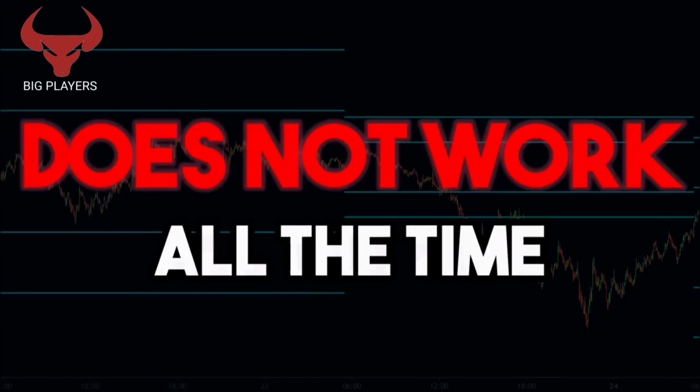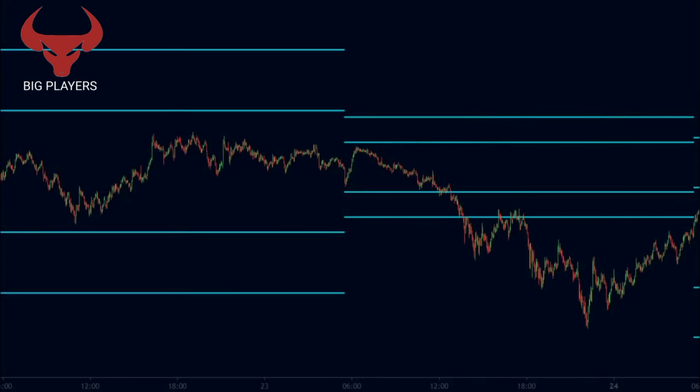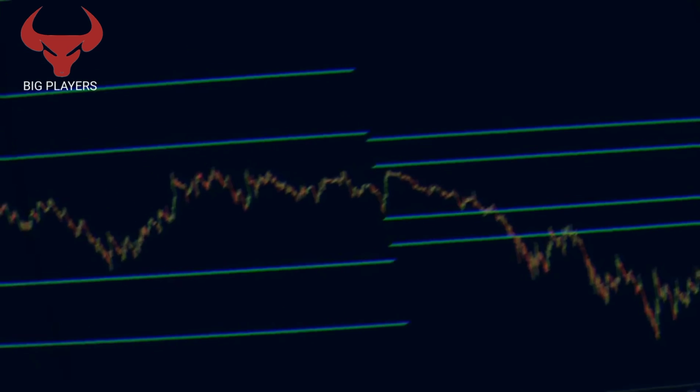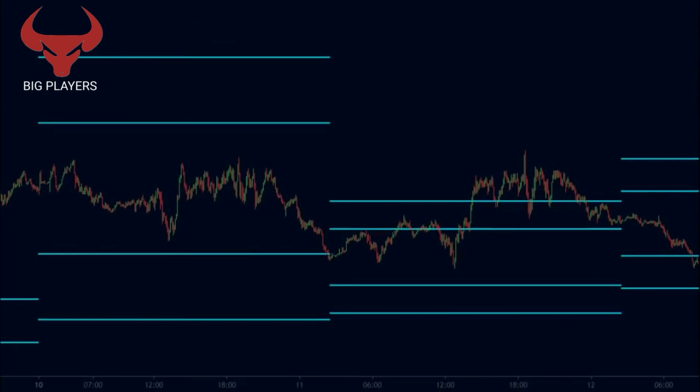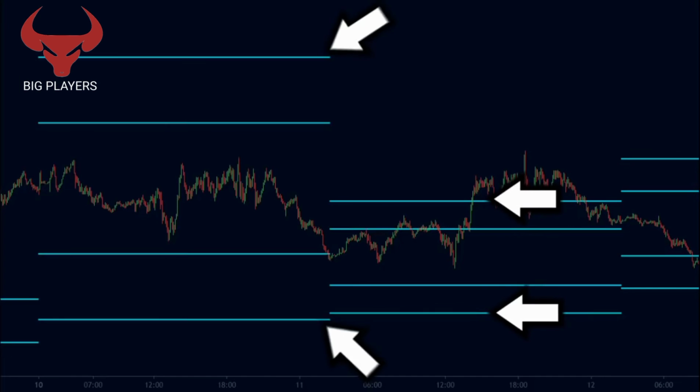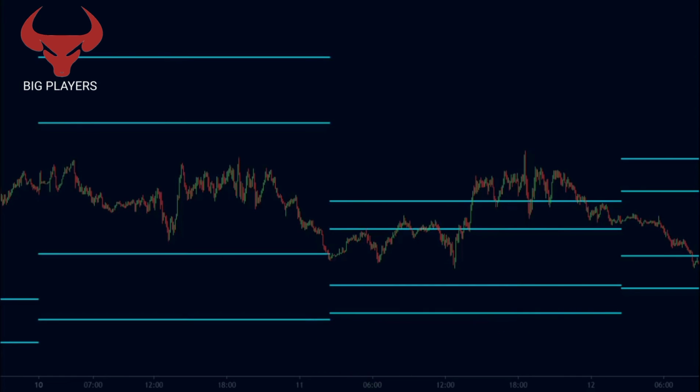Then it reverses and achieves our target. This strategy does not work all the time. There will be losing trades with this strategy. For instance, look at this chart. Here we have a perfect trade setup. The current day's pivots are inside the range of the previous day's pivots. So, we buy when the price breaks above the R4.